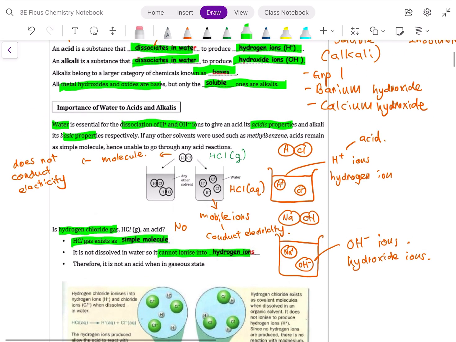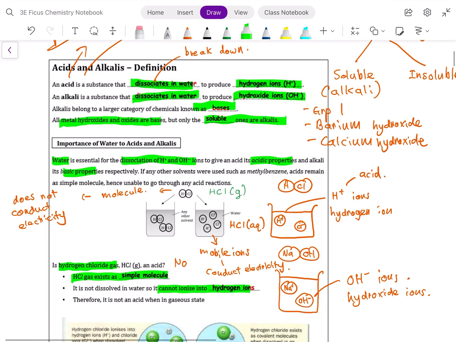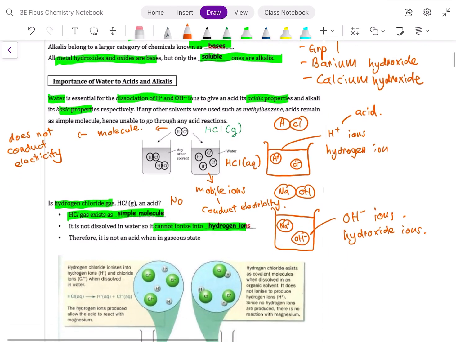Ionize is another word for dissociate. I use them quite interchangeably. Ionize is dissociate, dissociate is ionize. Put in very layman terms, it is breaking down into the ions itself.